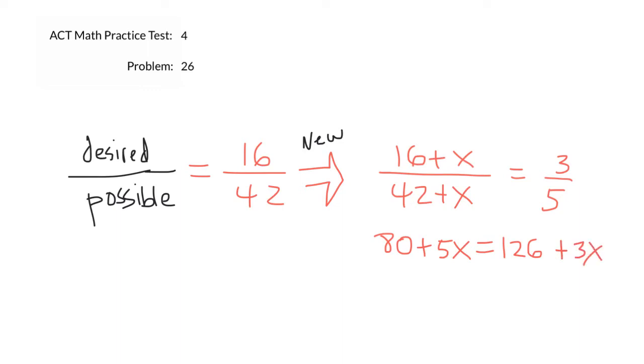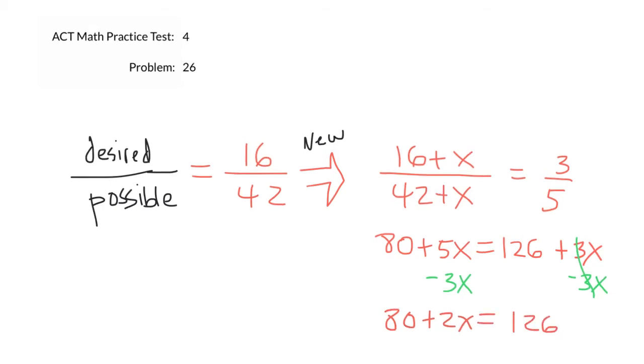Now, I'm a big fan of having the X term in an equation be positive as soon as possible. So what I'm going to do is subtract 3X from both sides to keep the X term positive. That would result in 80 plus 2X equals 126.